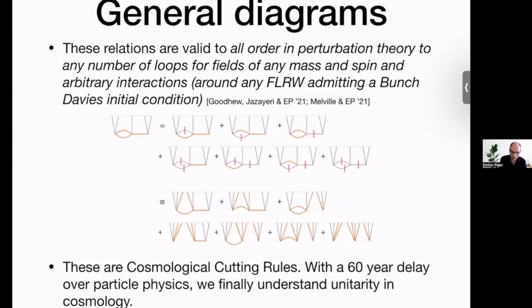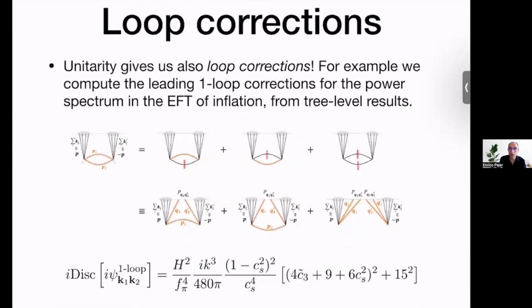I'll give you a few examples. There is an example that I will not discuss very much, but that's perhaps one of the strongest uses of unitarity in particle physics: to compute loop diagrams through their cuts. Something similar, these unitarity methods for loop amplitudes, can be done here as well. And in fact, we computed the one loop corrections to the power spectrum in the effective field theory of inflation, of which only one term was known in the literature before.